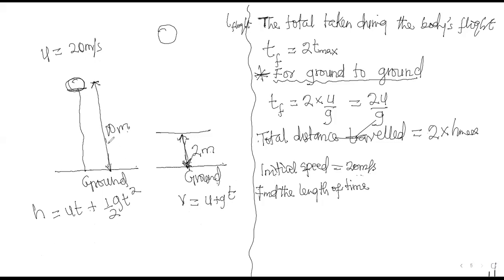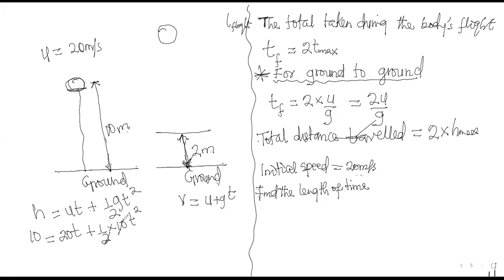This object has a height of 10 meters above the ground. So 10 is equal to U, 20, T plus half. Let's use 10 for gravity.